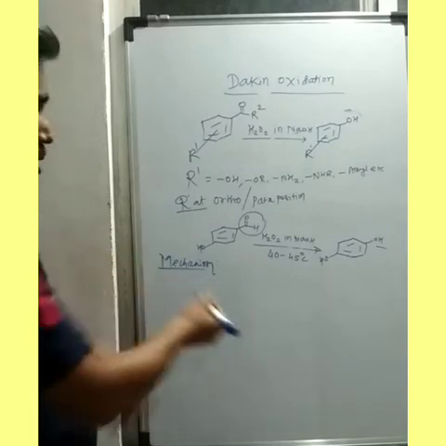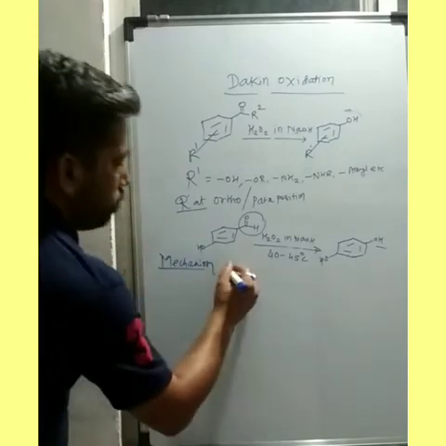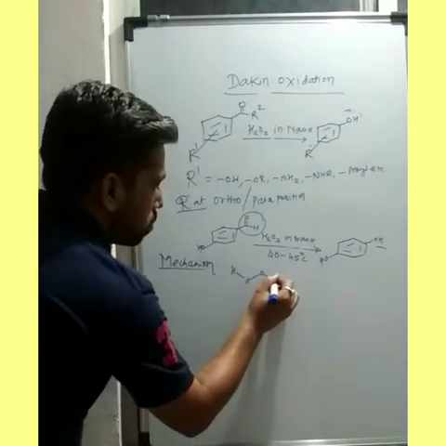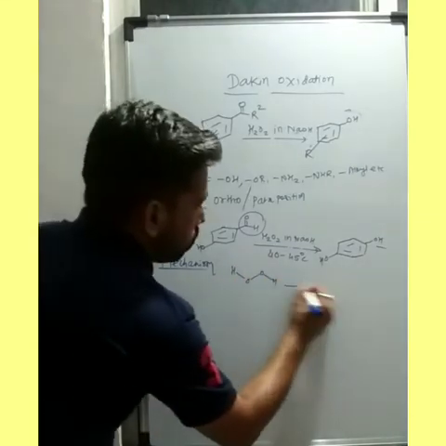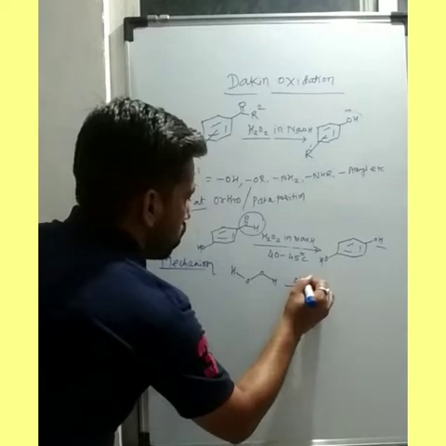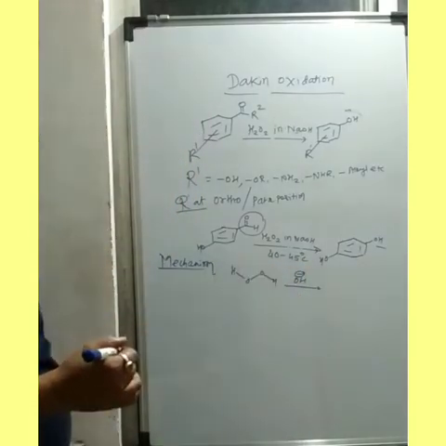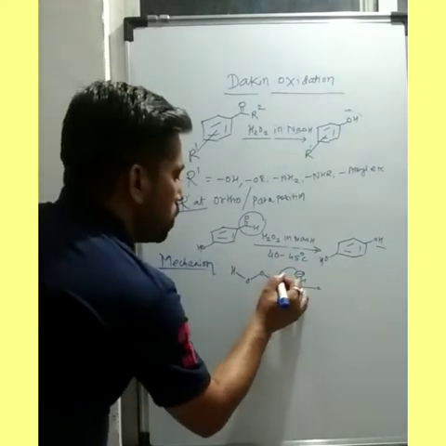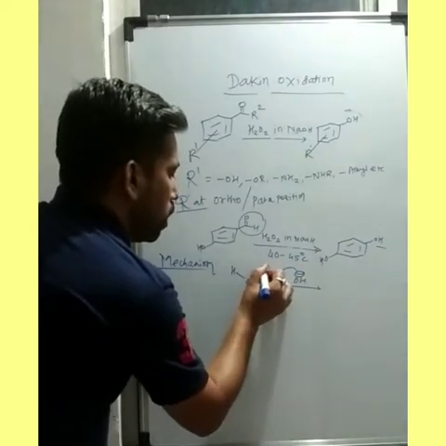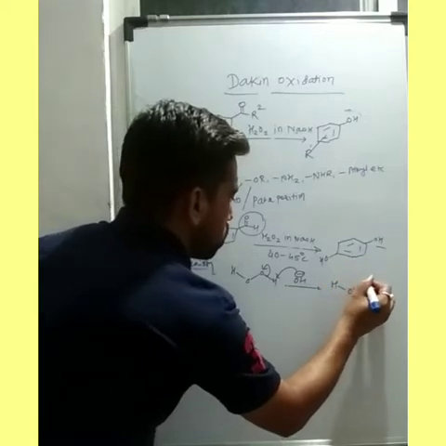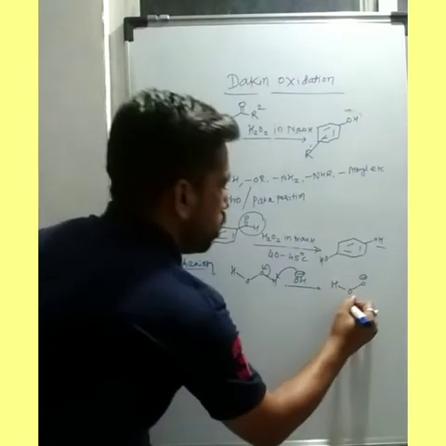All the reactions go through this mechanism. In the first step, the hydroxide anion of the sodium hydroxide abstracts the acidic proton of the hydrogen peroxide. We get the hydroperoxy anion.